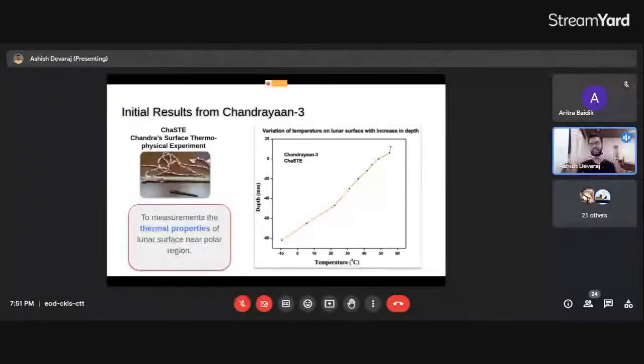And maybe we can find some subsurface water content also. That is just a possibility which is coming to my mind. So these measurements can lead to such results also.